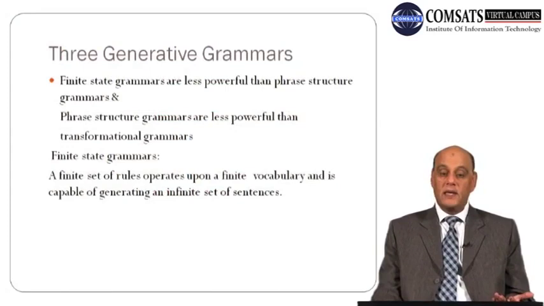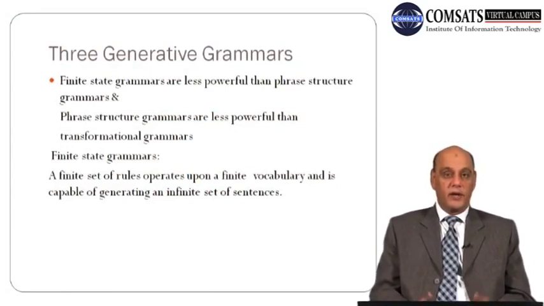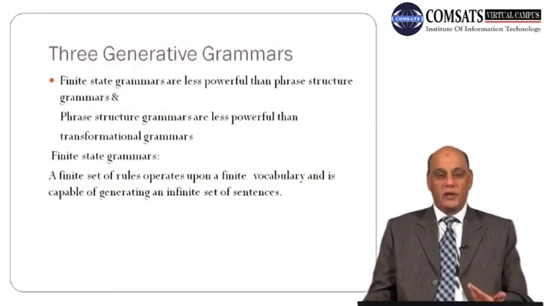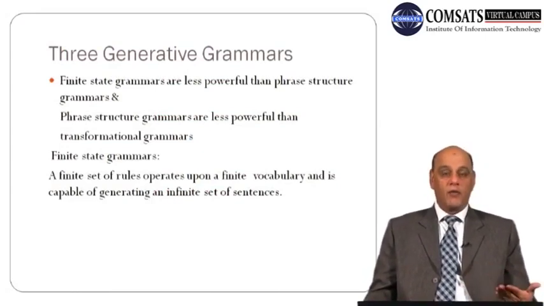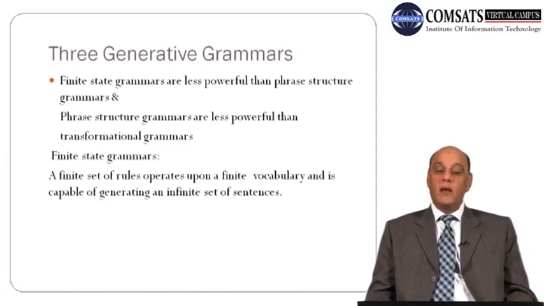Now let's see three generative grammars. This is the title that we took up while doing the area of language structure. Finite state grammars are less powerful than phrase structure grammars, and phrase structure grammars are less powerful than the transformation grammars. So what does this prove? This means that there are three grammars being discussed in this lesson: the finite state grammars, the phrase structure grammar, and the transformation grammars.